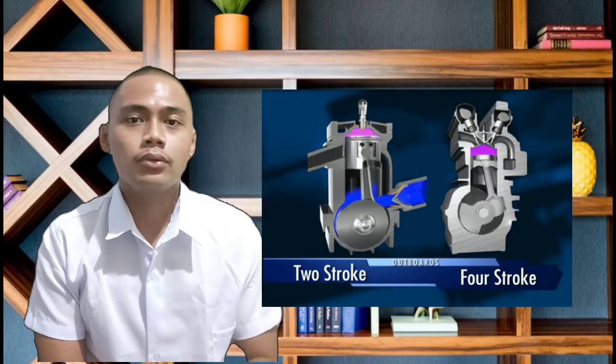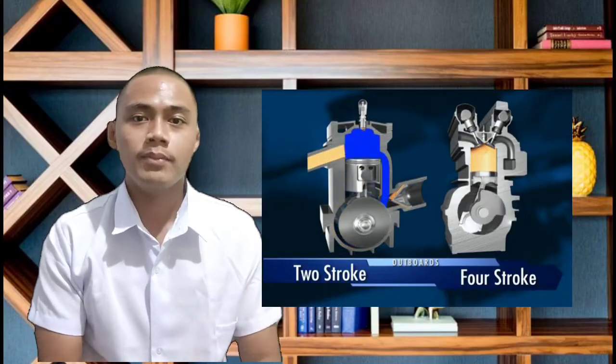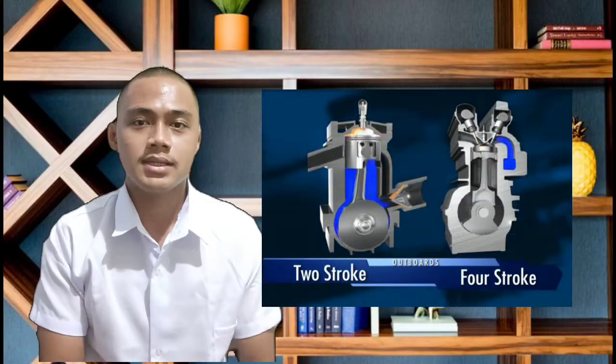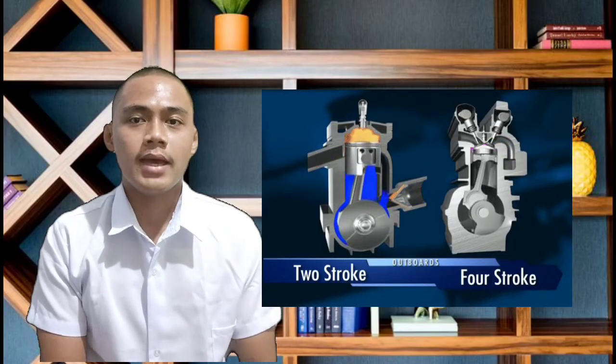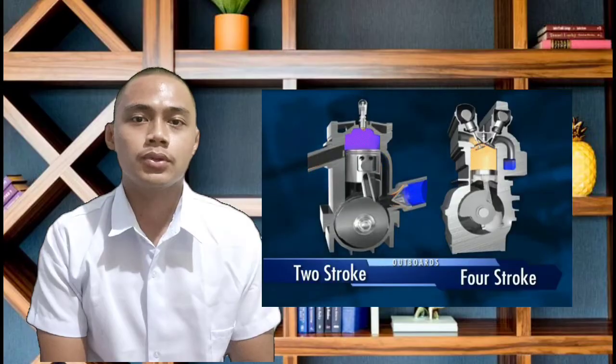Unlike 4-stroke, 2-stroke engines require the oil to be mixed with the fuel, which causes its exhaust to be harmful. 4-stroke produces less noise and vibrations compared to 2-stroke engines.